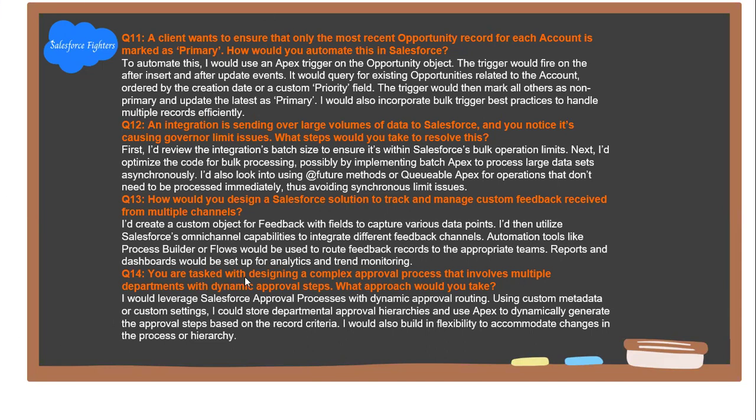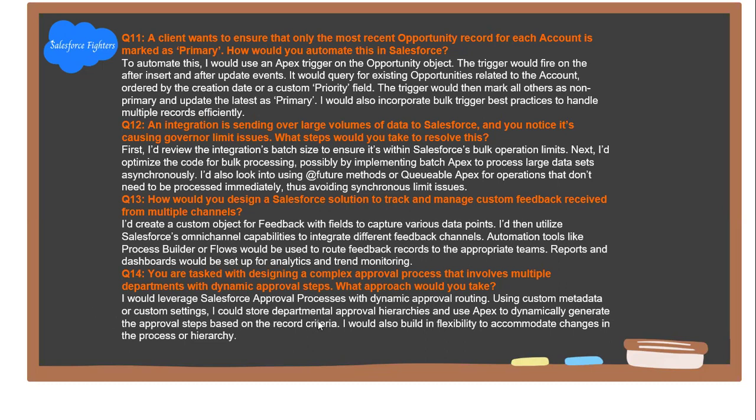Next question: you are tasked with designing a complex approval process that involves multiple departments with dynamic approval steps. What approach would you take? I would leverage Salesforce approval process with dynamic approval routing using custom metadata or custom settings.